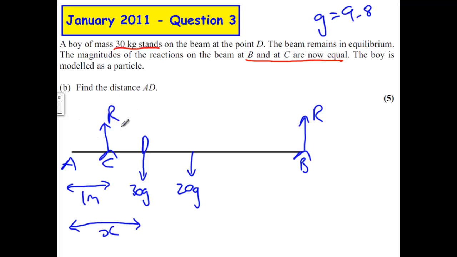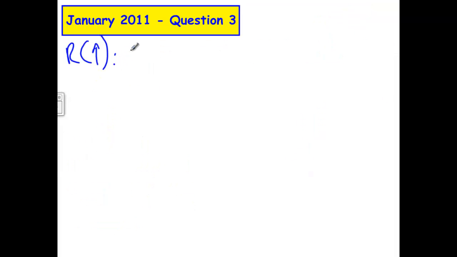So the system's still in equilibrium, so it's still true that the forces acting upwards, which are the reaction forces at C and B, are the same as the forces acting downwards, which is the mass of the beam and the mass of the boy. So forces pointing upwards, I have the reaction force at C and the reaction force at B, which are both equal to R, and that is equal to the mass of the boy acting downwards and the mass of the beam acting downwards.